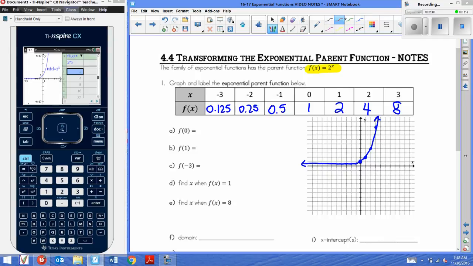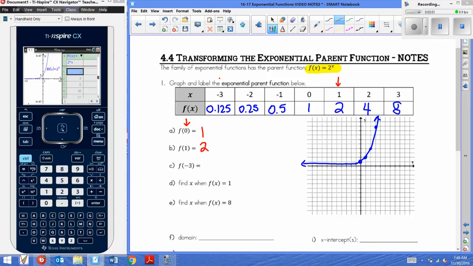Now we can use our graph and table to evaluate. Remember, anytime you have a number inside the parentheses, that's our input. So you put it in the parentheses, it's our input. It's our x value. So our x value of 0 gives us a y value of 1. Our x value of 1 gives us a y value of 2.